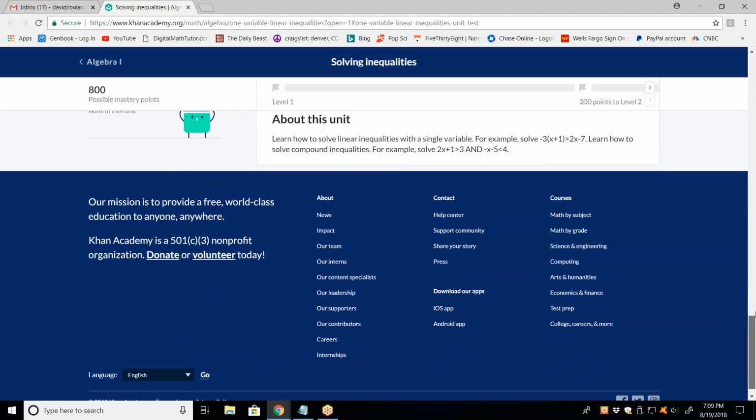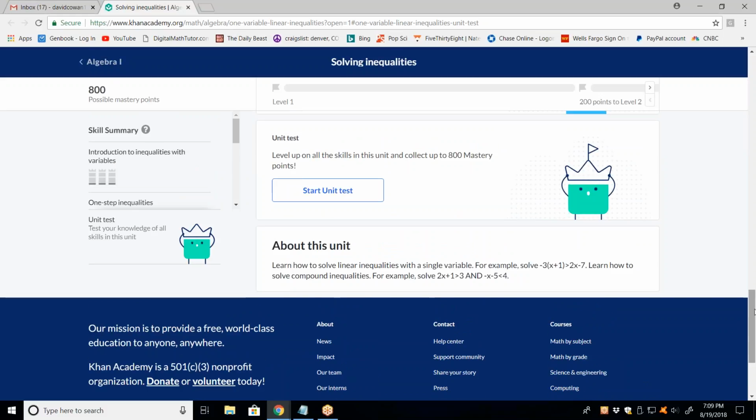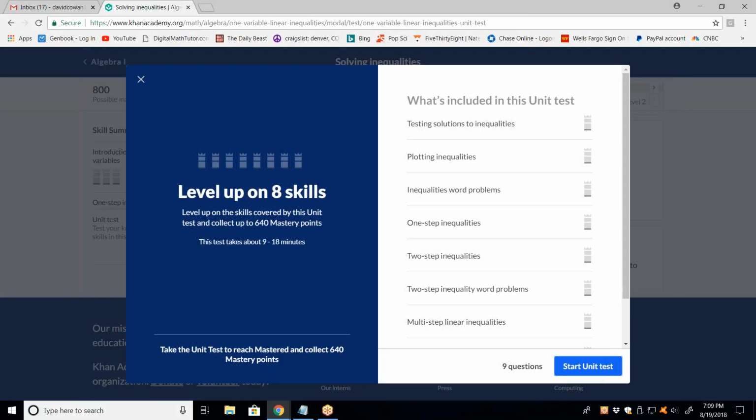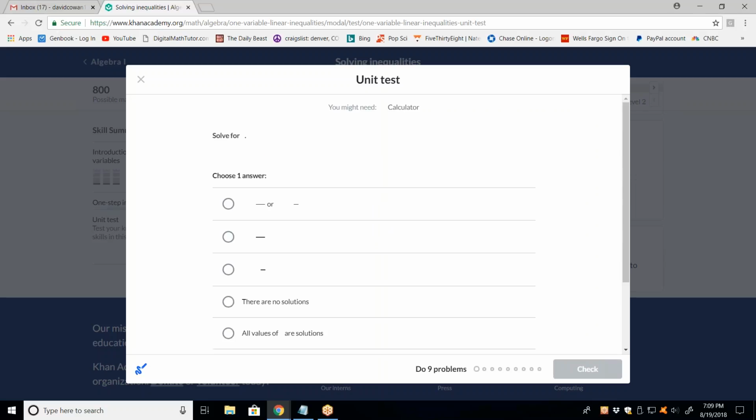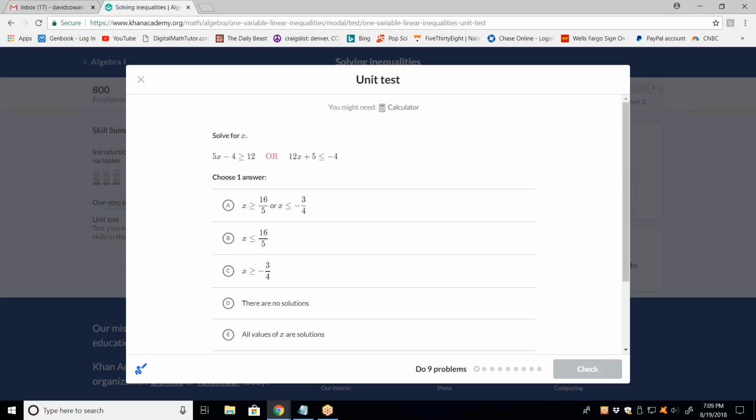I think I had it there. Start unit test. Yep. Need a keyboard for this, I presume, to put in the answers. Or just start at the top? No, start unit test. Start at the bottom.